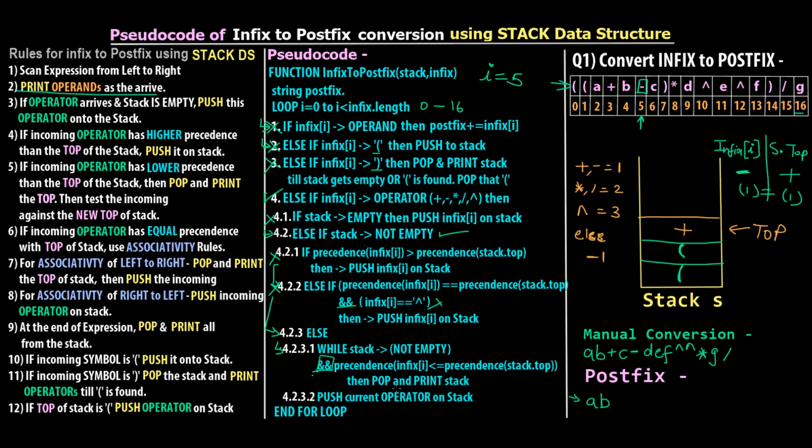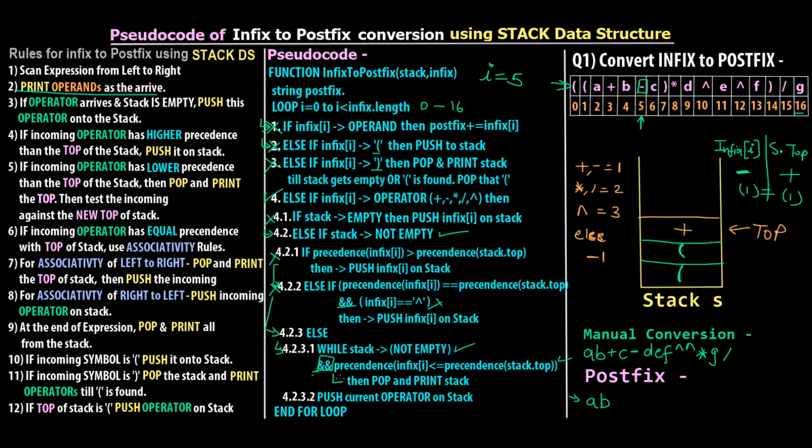So when we do the first pop, because obviously, what is the condition while stack not empty? Is stack empty? No, we have 3 elements in it. The second condition in the AND clause is infix of I, which is minus. The precedence, is it less than or equal to the precedence of stack of top? Stack of top is plus. Their precedence is equal. So this condition is true, this condition is true.